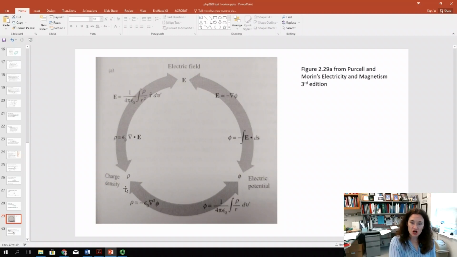To get between the charge and the potential, you've got a direct integration that you can do to find the potential from the charge. Phi is equal to 1 over 4 pi epsilon naught, integral of rho dV over r, or you can use the Laplacian and use Poisson's equation. Rho over epsilon naught is negative del squared phi. Okay, so there's all those ways to get back and forth.